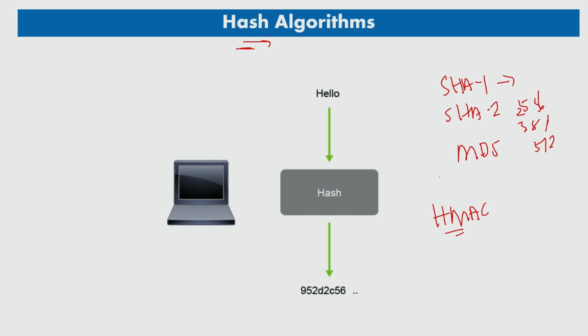HMAC-MD5 is a legacy algorithm that uses MD5 as its hash function. And again, note that MD5 as a hash function is not really secure. HMAC functions that are more recent, such as HMAC-SHA-256, right, should be used or are recommended.